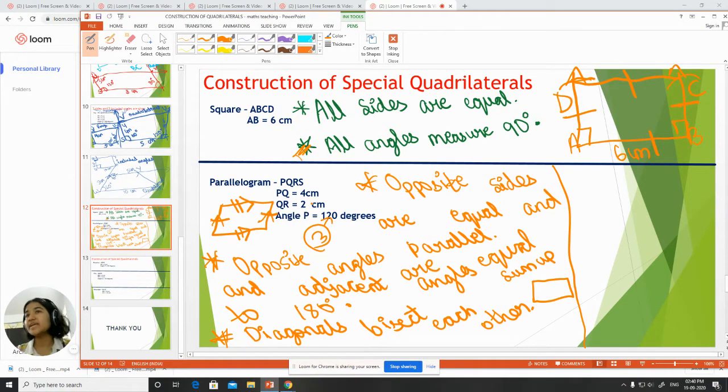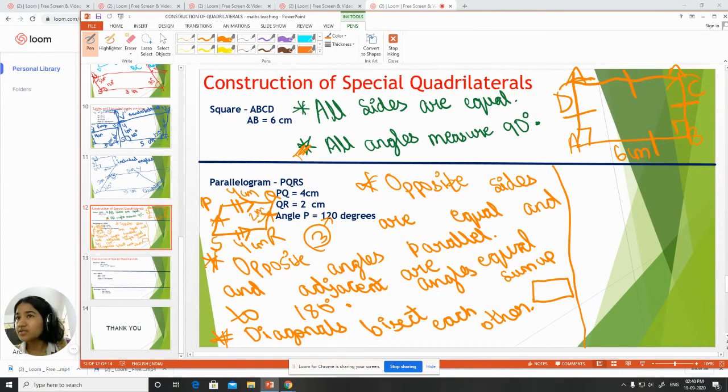We'll see. PQ is 4 centimeters, QR is 2 centimeters. So if this is your P, Q, R and S, then PQ is 4 and QR is 2 centimeters. Then we are very sure that if PQ is 4, then its opposite side SR will obviously be 4 centimeters.